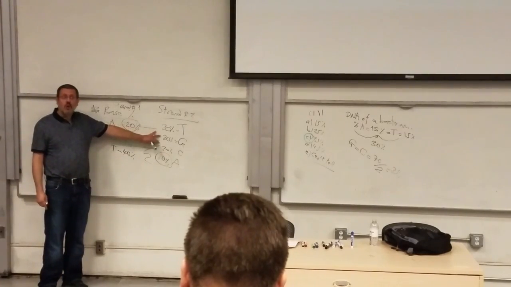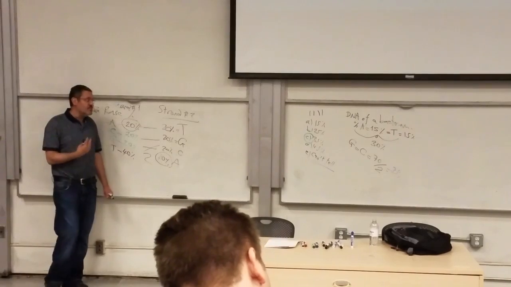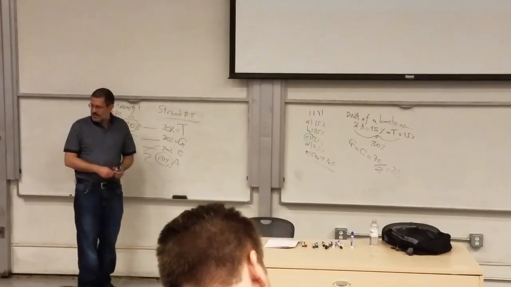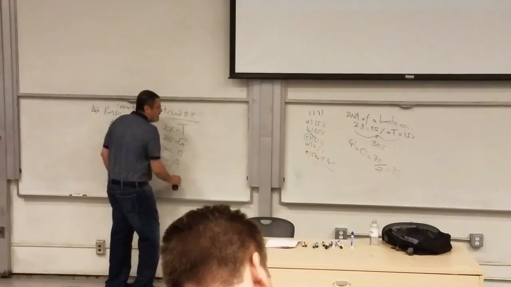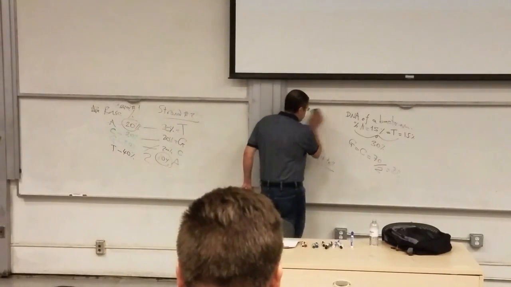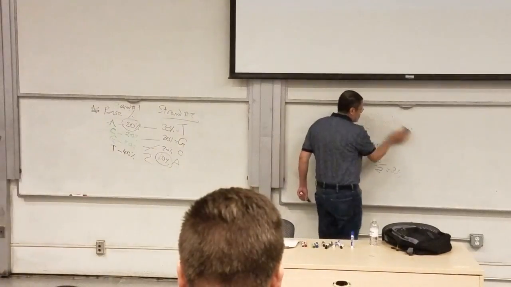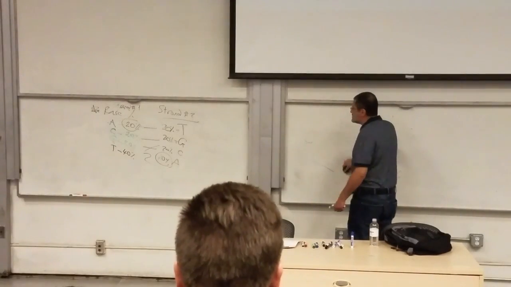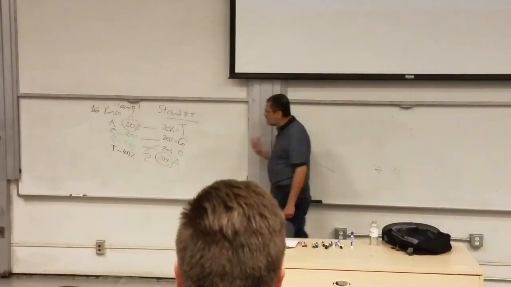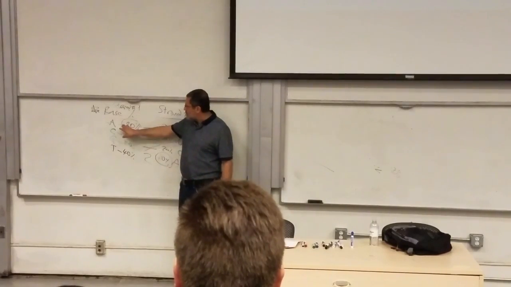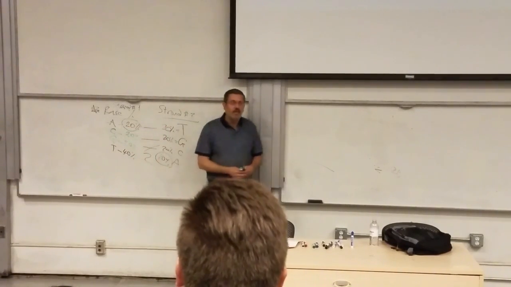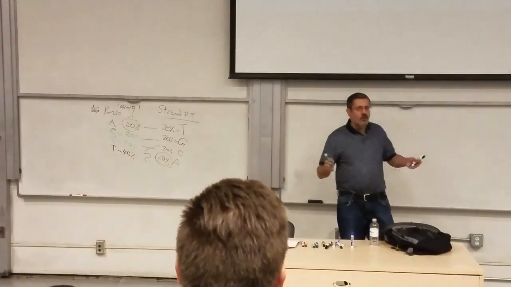That's method 1. Method 2 is even more commonsensical, if you will. Here's method 2. I'm going to create a molecule that satisfies this condition. I'm going to create my own molecule that will have 20% adenine, etc. Well, I'm not going to go with a huge molecule.